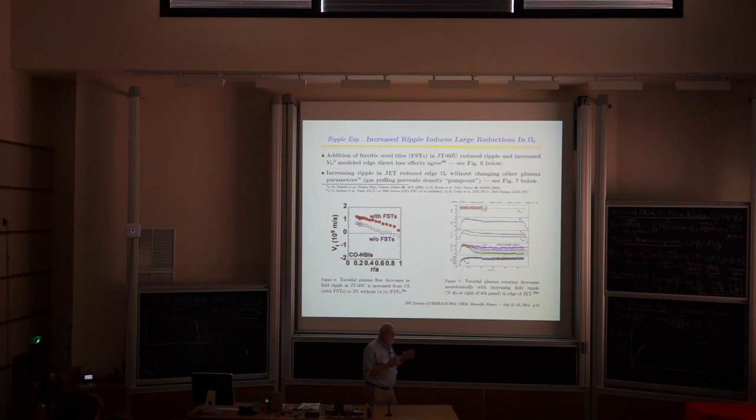But what you can do is put ferromagnetic inserts between the coils. That's what's called FST, ferromagnetic steel tiles. And so basically, without FSTs, you get a counter negative effect of the field coils on the toroidal rotation. But when you compensate by a factor of 2 or so in the field ripple, you end up causing the toroidal rotation to go up.